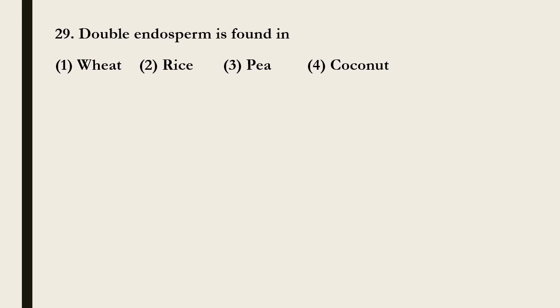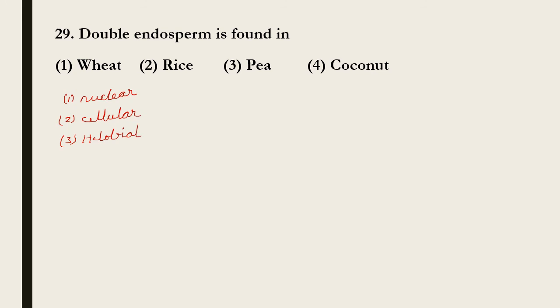If you revise your notes, you can find there are different types of endosperms: nuclear endosperm, cellular endosperm, and helobial endosperm, three types.